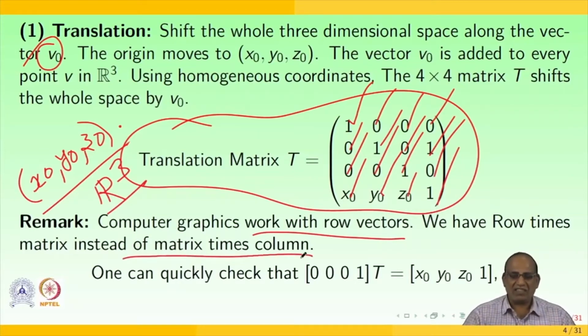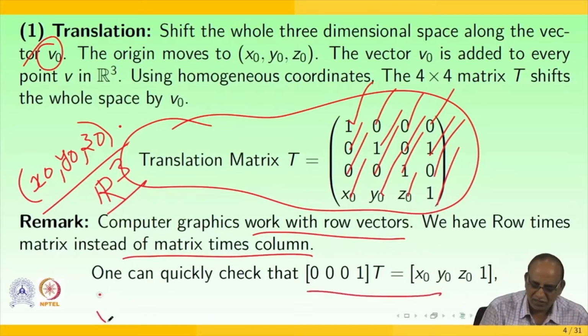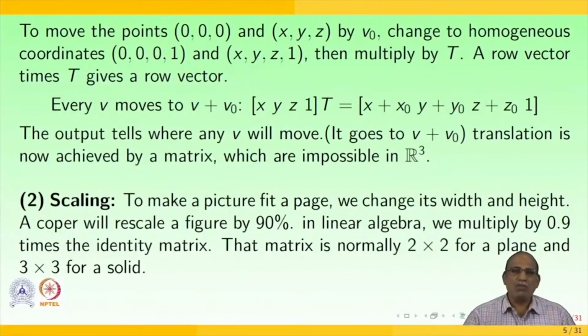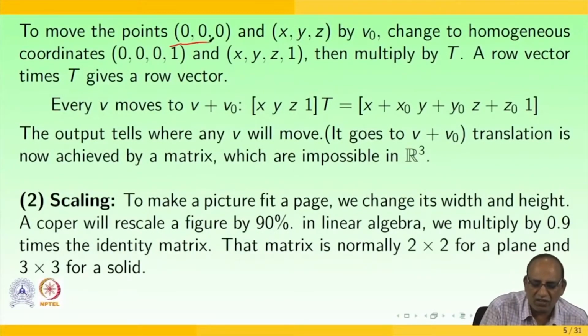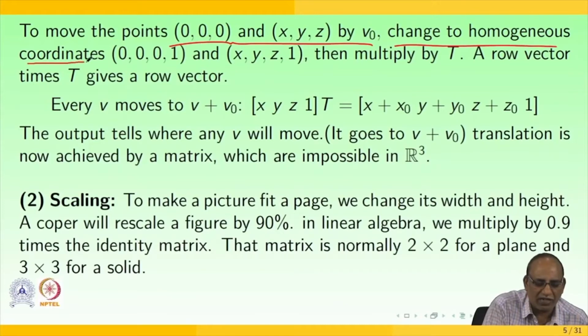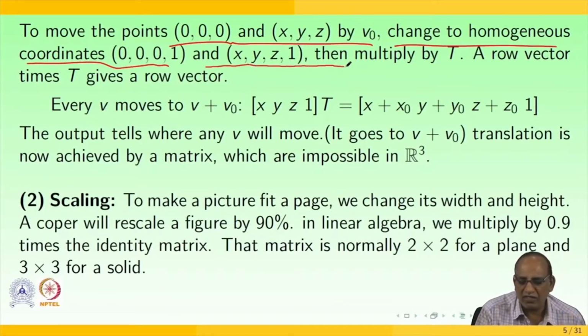One can quickly check that 0, 0, 0, 1 transposed, multiplied by T, gives x0, y0, z0, 1. To move the point 0, 0, 0 to x0, y0, z0 by v0, change to homogeneous coordinates 0, 0, 0, 1 and xyz to 1, then multiply by T.